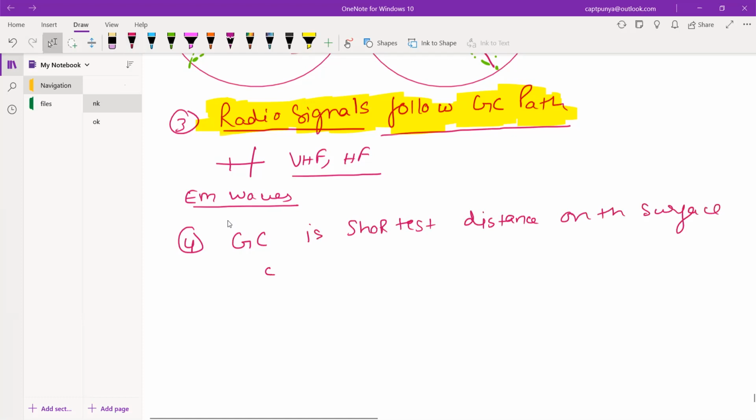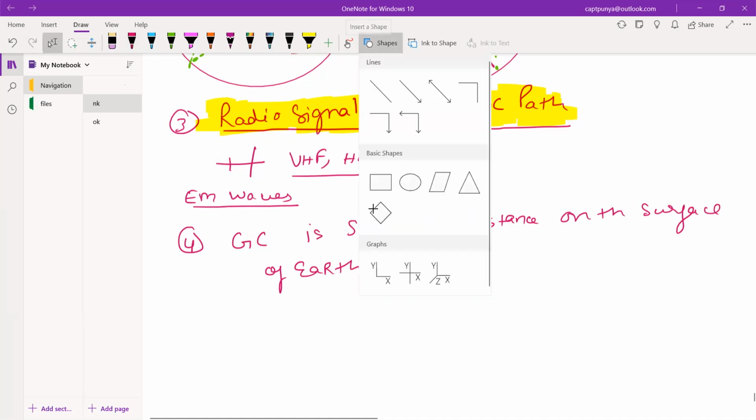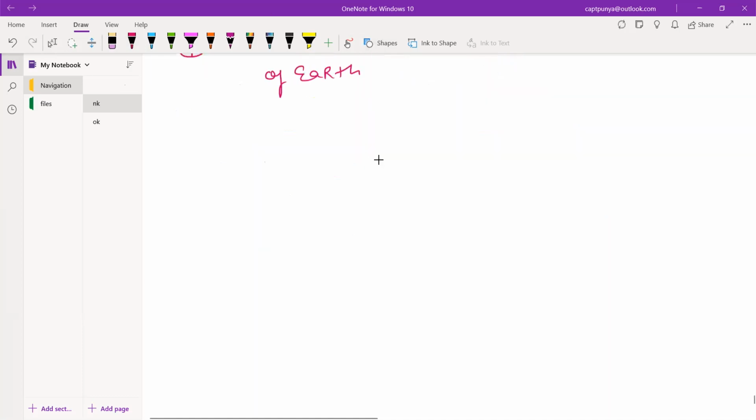Now let us understand this. A lot of people get confused regarding this, but I will try to explain. See, why is the great circle the shortest distance on the surface of the Earth? So guys, suppose this is your Earth.